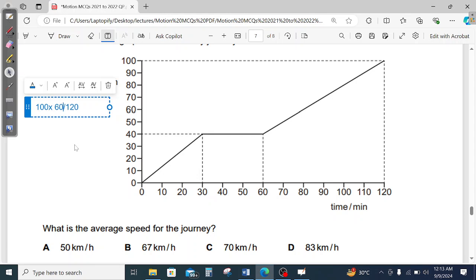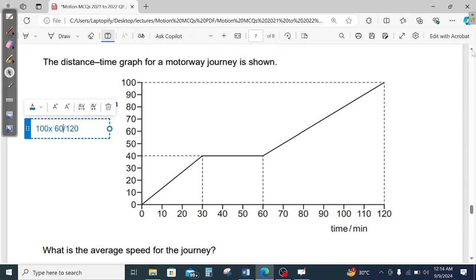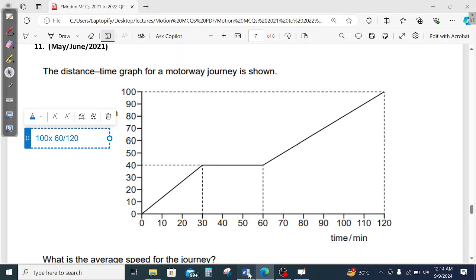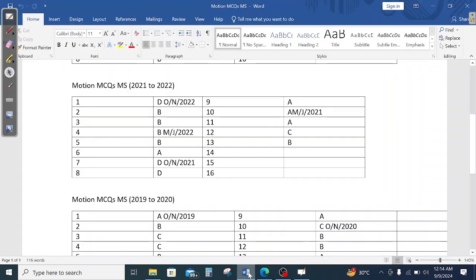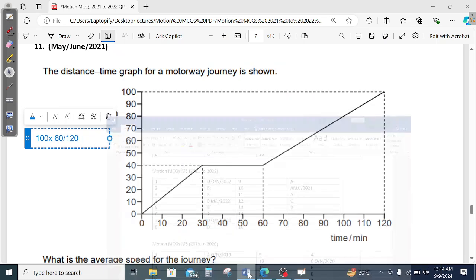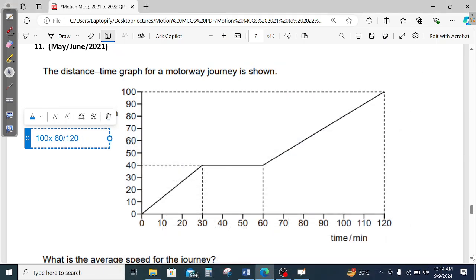Now I solve it, and check: 50 kilometer per hour. So the answer of question number 11 is A.